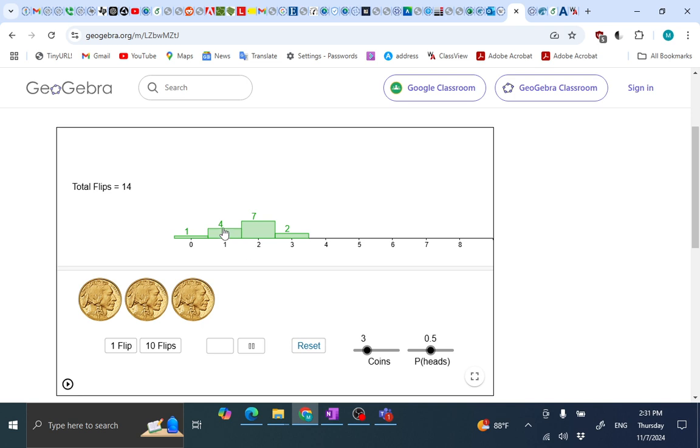In 4 of them 1 head was obtained, and so on. And then we can repeat this and see what kind of distribution we get. This would be an experimental distribution. Then we can compare it against what we obtained in the homework, which was a theoretical one.